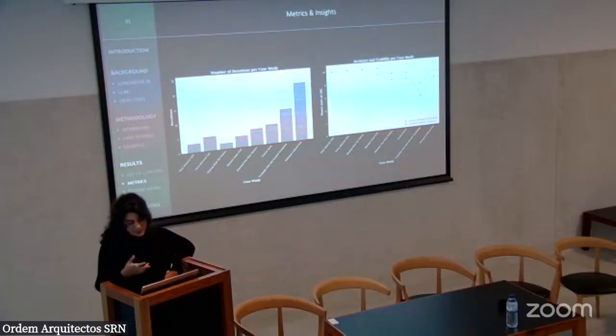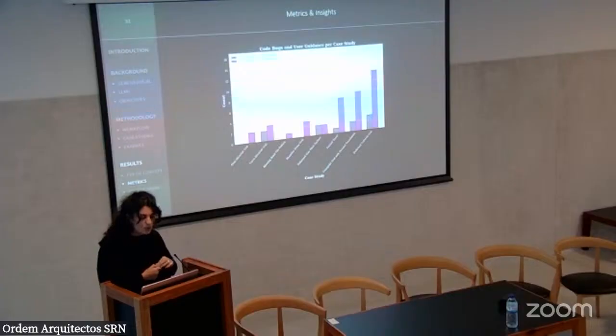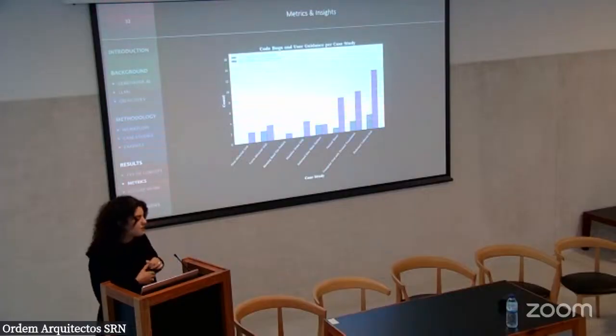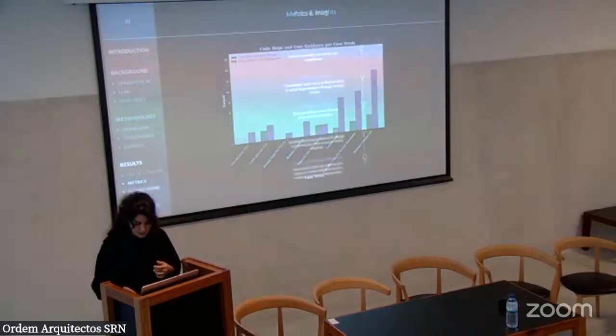And the more complex it becomes, the less accuracy and usability we might have from the outcomes. Concerning the code bugs, there were usually 2 to 3 bugs in each type of code and revision we had, but this didn't really change according to complexity. What changed was, again, the user guidance that was required.